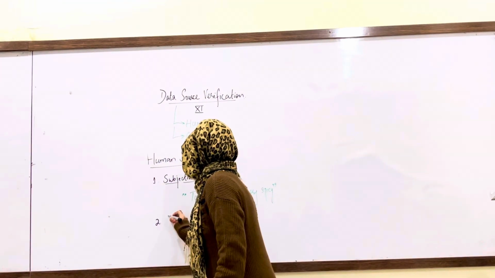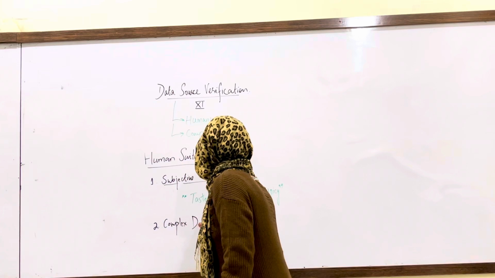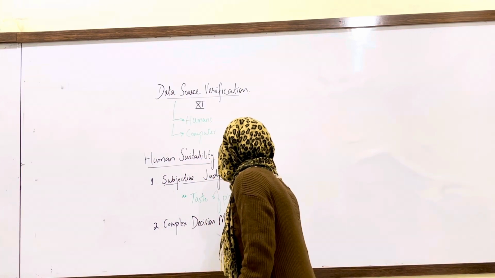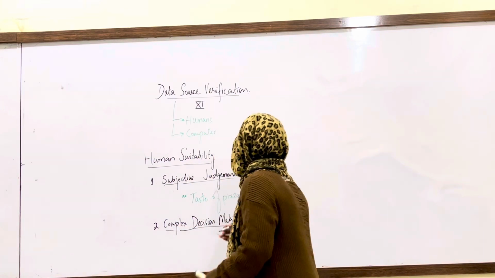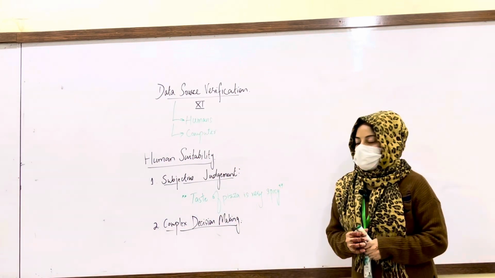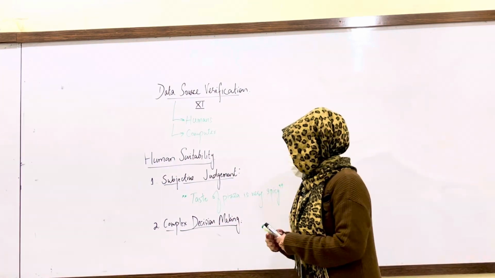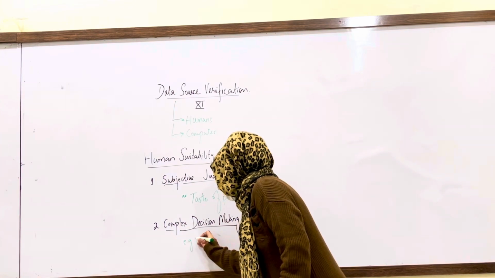Second process, complex decision making. Why do we say that in complex decision making, humans are more suitable, not computers, right? We will again understand it with an example.